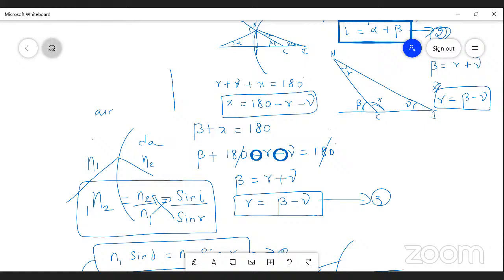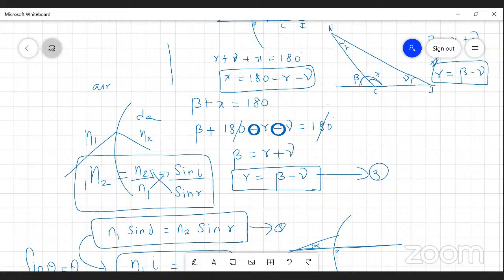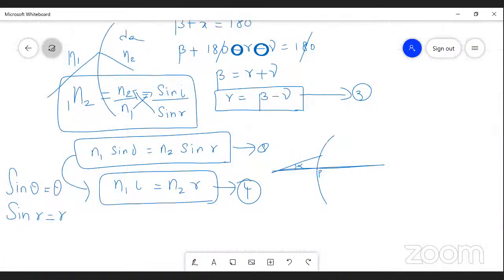According to Snell's law, n2 divided by n1 equals sin I by sin r. So n1 sin I equals n2 sin r, so n1 I equals n2 r. Just see the diagram.